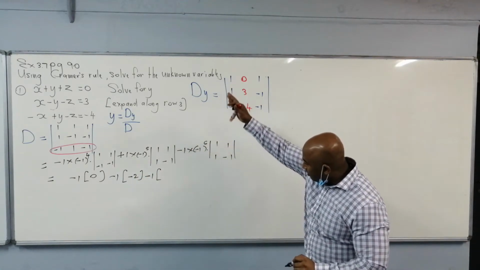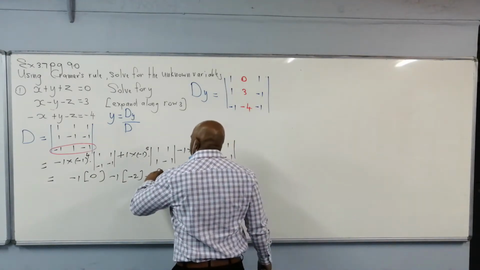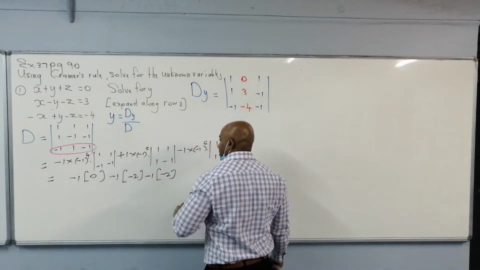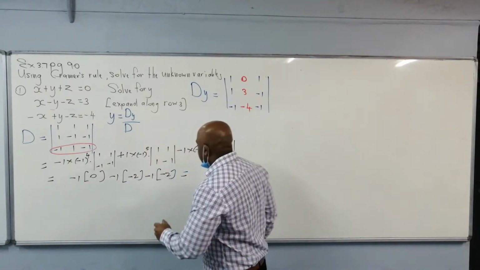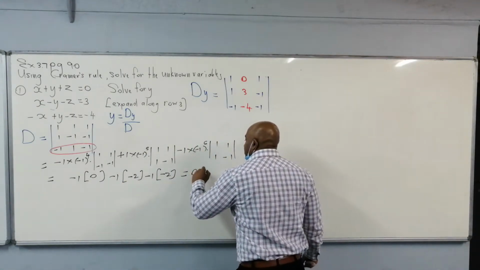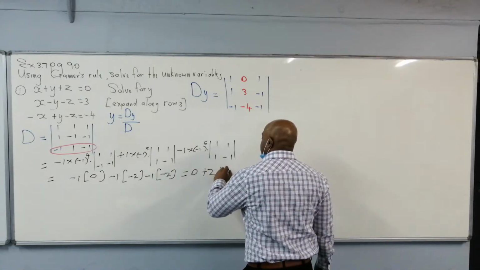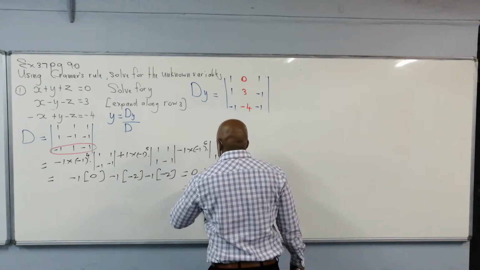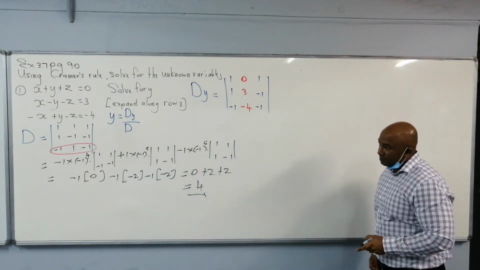Then here we're going minus 1 down, minus 1, which is minus 2. So now 0 times anything there, 0, negative times negative, positive 2, negative times negative, positive 2. So we get 4, you are correct, so we get 4 for D.